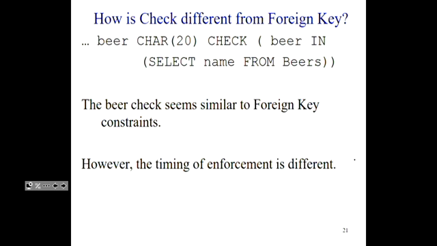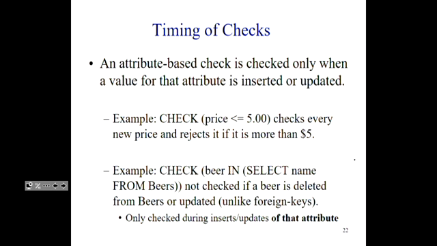So the key difference between this and the foreign key constraint is the timing of the enforcement. When you list an attribute check along with an attribute, that check is enforced only when that attribute is updated.